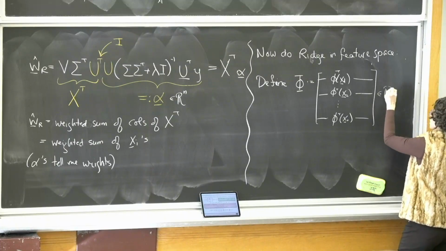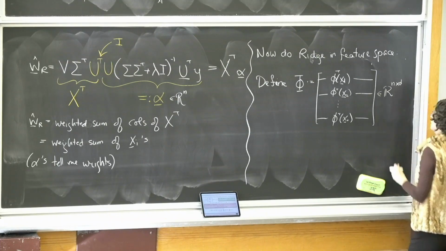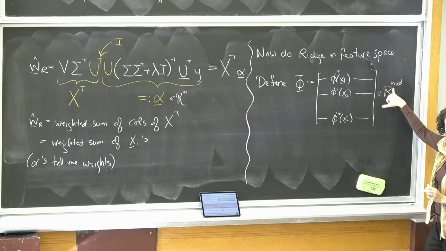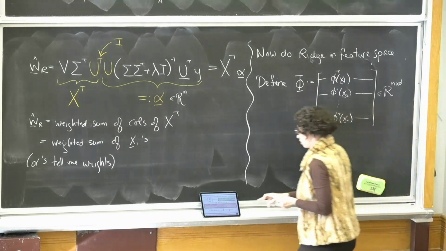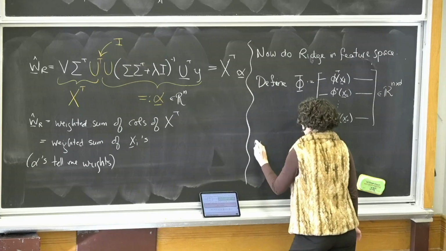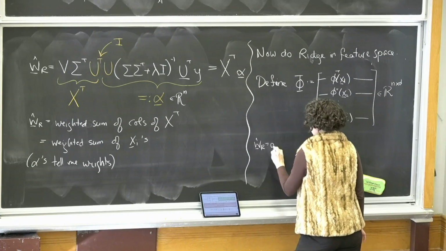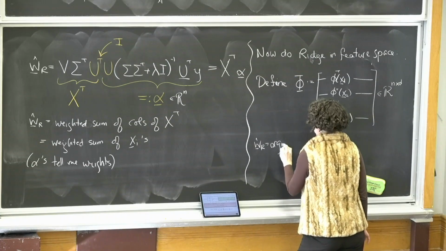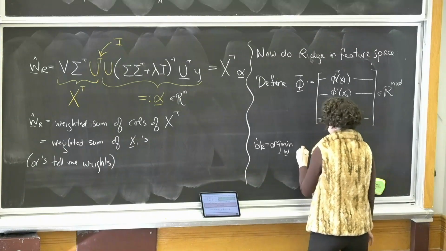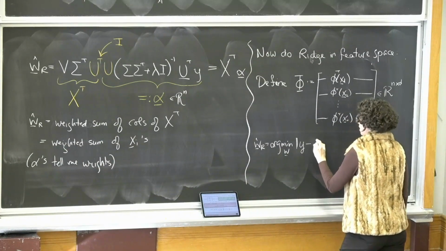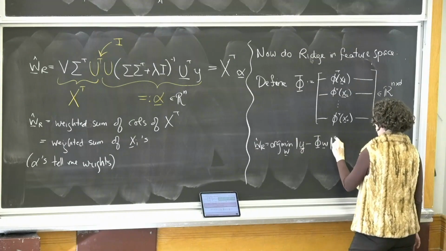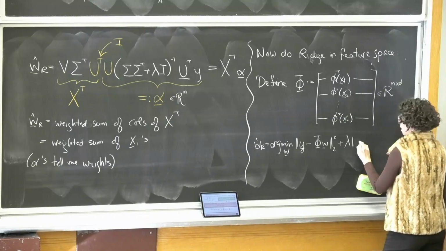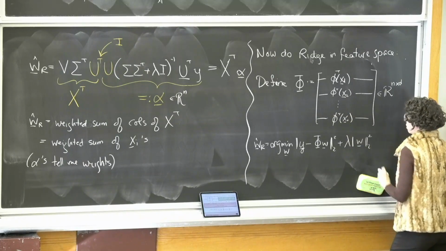So this matrix is n by d. It's got the same number of rows as X did, but way more columns. And now what we're going to do is we are going to say that our ridge regression estimate is going to be the argmin over W of y minus capital Phi times a weight vector, 2 norm squared, plus lambda times the sum of the squares of all the weights.